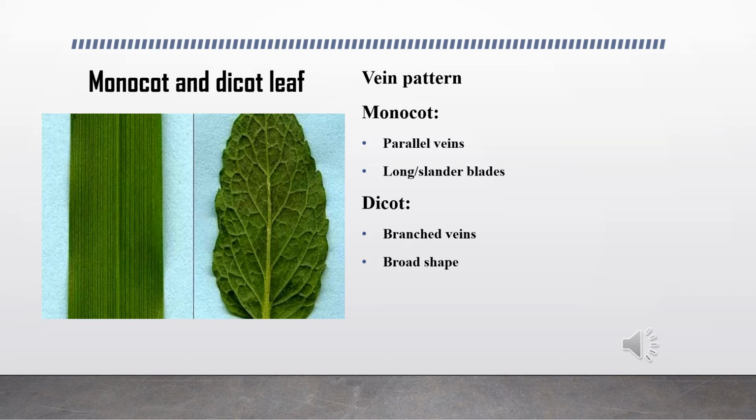Monocot and dicot leaf. Monocot leaves are characterized by parallel veins, while dicot have branching veins. Leaves are another important structure of the plant because they are in charge of feeding the plant and carrying out the process of photosynthesis.